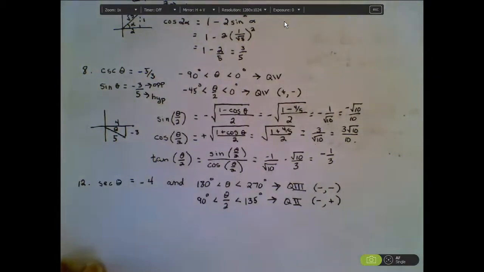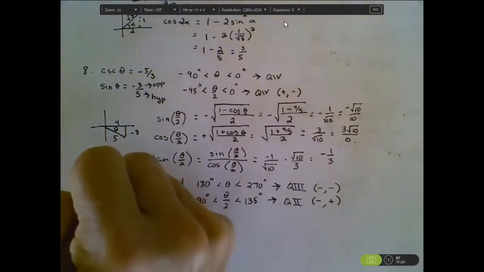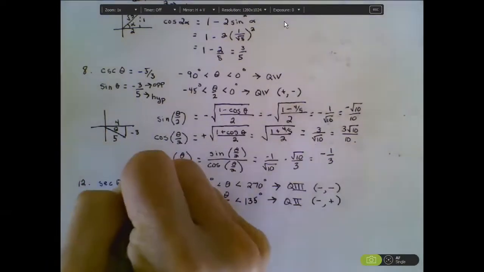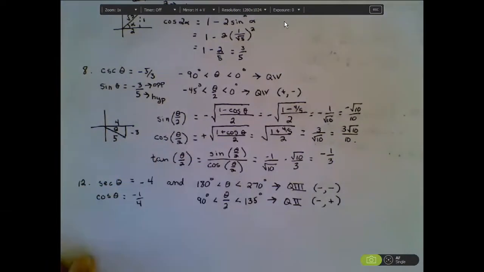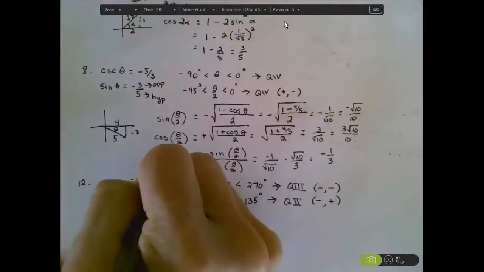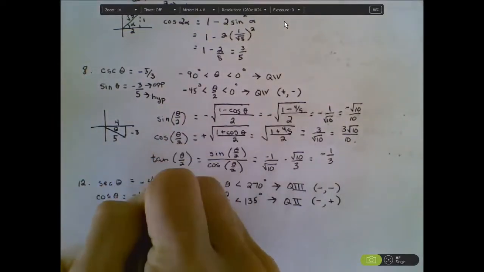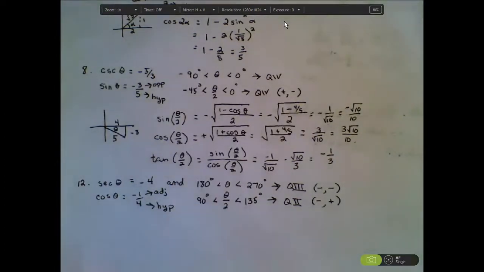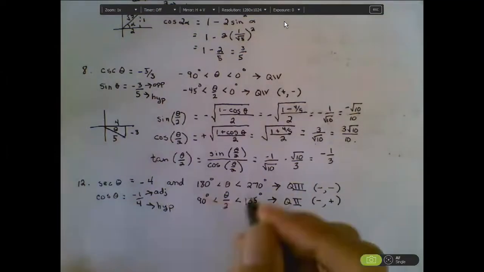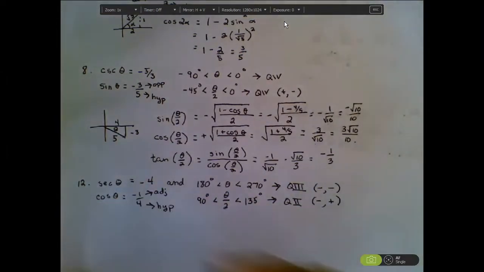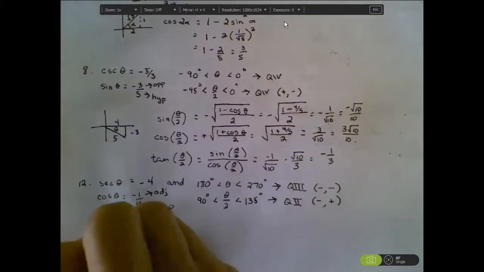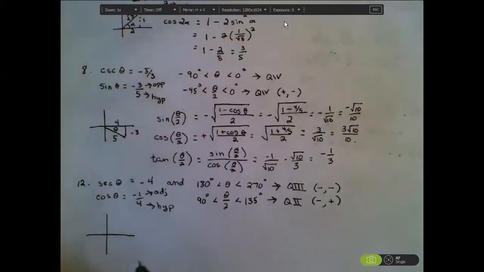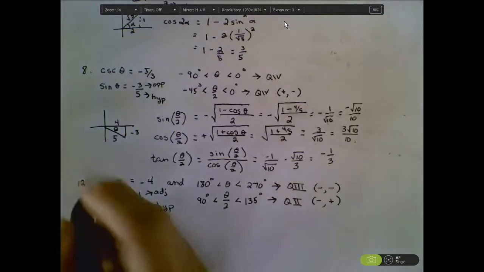If secant theta is -4, cosine theta is -1/4, and that gives me the adjacent side and the hypotenuse. So remember, we're not graphing theta over 2, we're graphing theta. And theta is in the third quadrant.